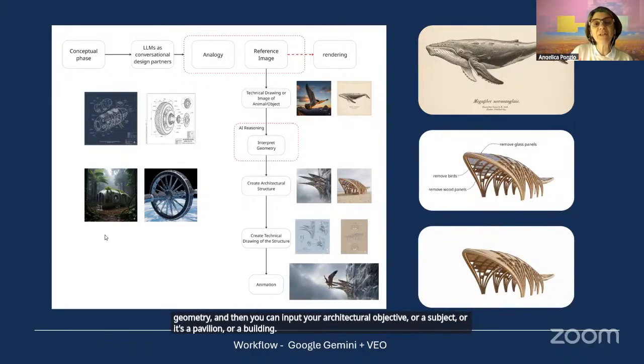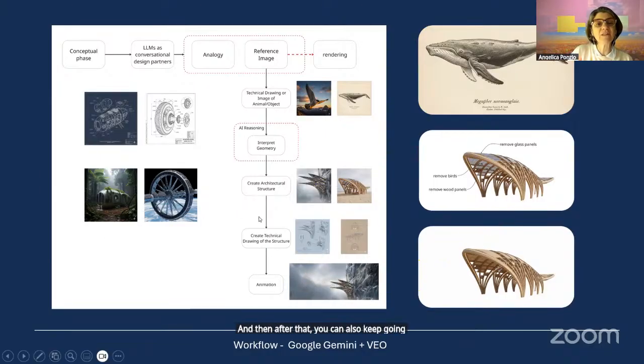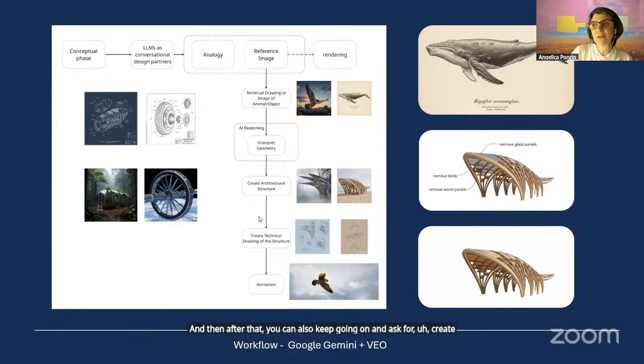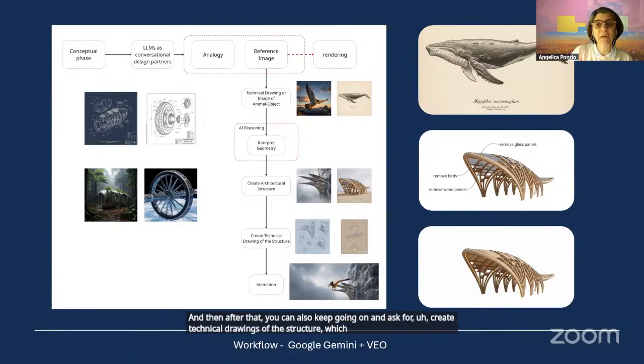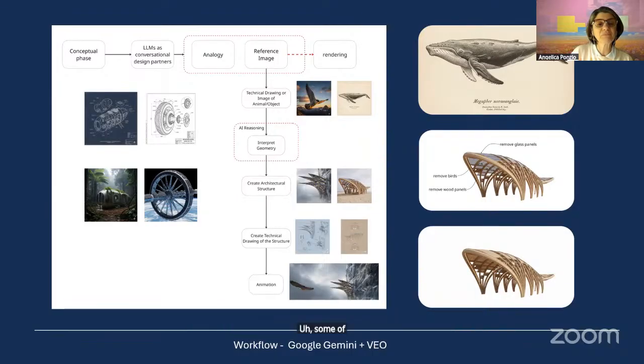And then after that, you can also keep going and ask to create technical drawings of the structure, which is getting very precise, and you can also do some film.